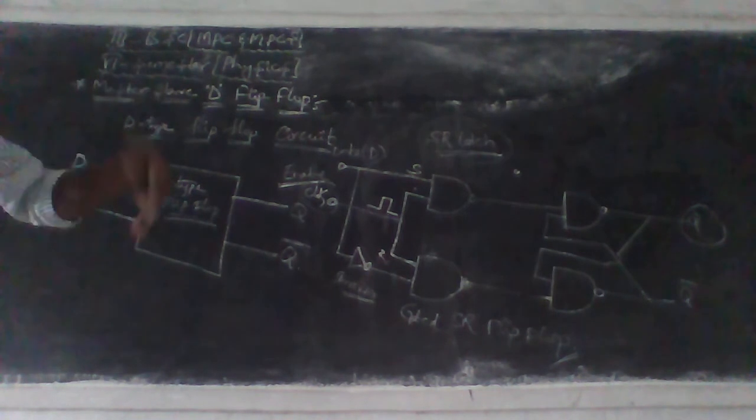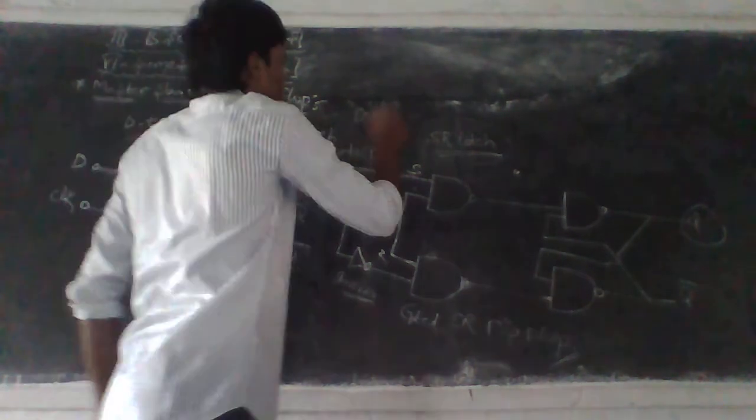The effect is that the data input condition is only copied to the output Q when the clock input is active. This then forms the basis of another sequential device called a D flip-flop.